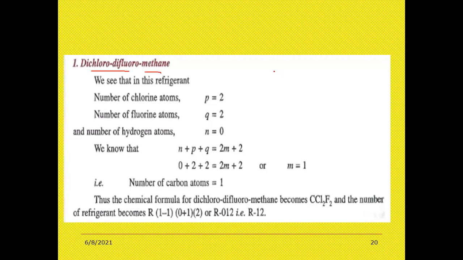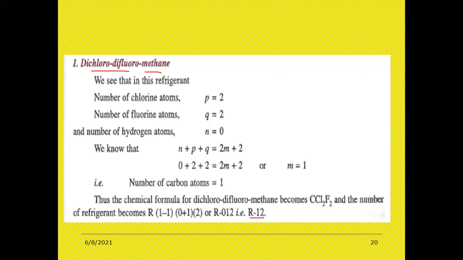That implies 4 is equal to 2m plus 2, so 2 is equal to 2m, so m is equal to 1. Therefore the number of carbon atoms is equal to 1. The chemical formula becomes CCl2F2, and the number of the refrigerant becomes R of (1 minus 1)(0 plus 1)(2), or R012, that is R12. Like this we can designate the number of the refrigerant.